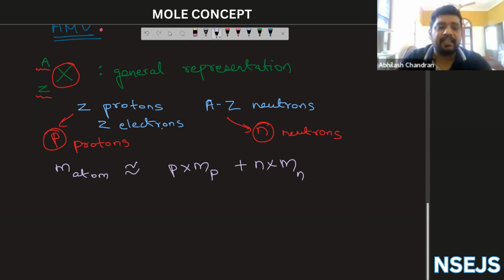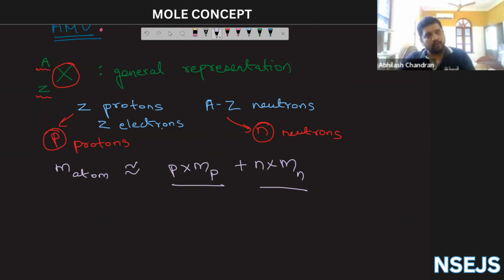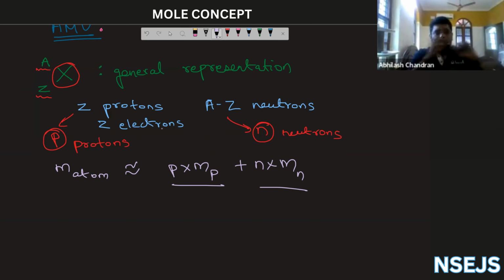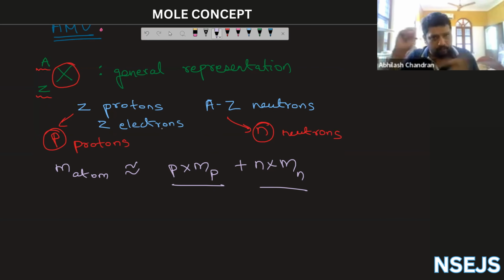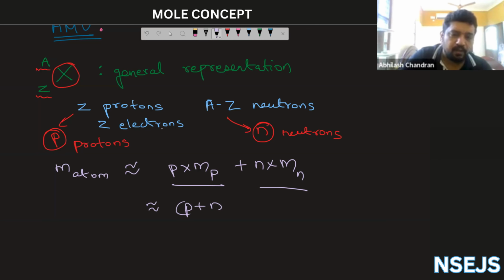But the idea here is the mass of your atom will be approximately P times the mass of one proton and N times the mass of one neutron, because there are P protons and N neutrons. Like in the helium example that we saw, P was 2, so 2 times the mass of a proton, and N was also 2, so 2 times the mass of a neutron. So we had the mass of your helium atom as 4 times the mass of a nucleon.